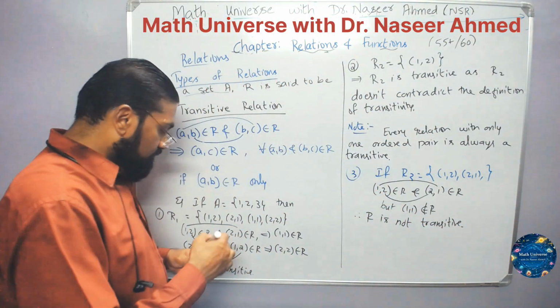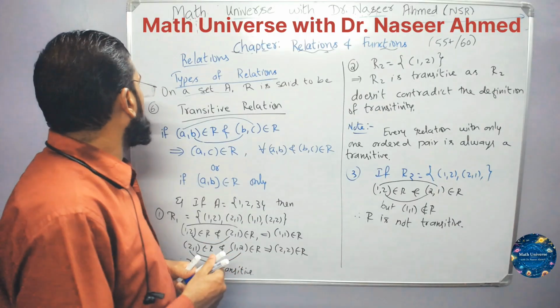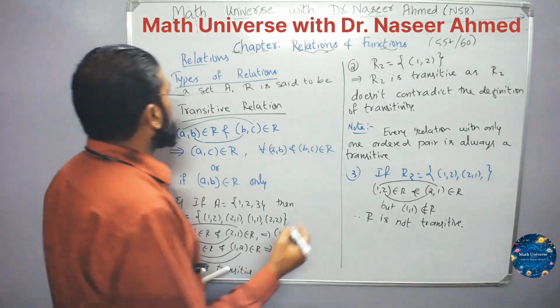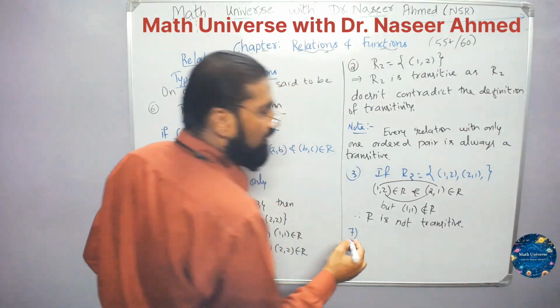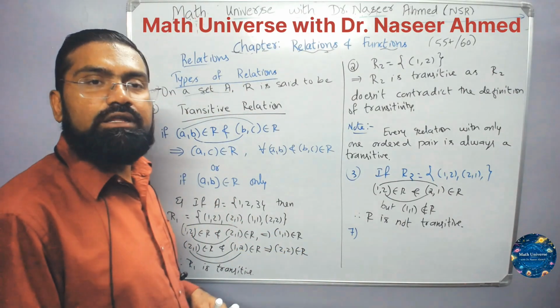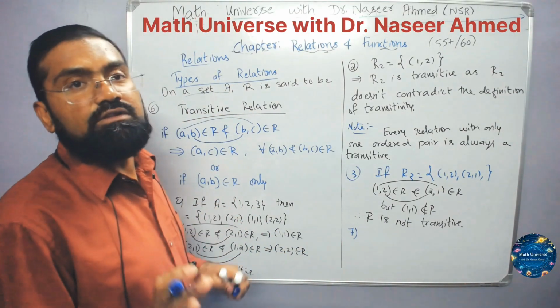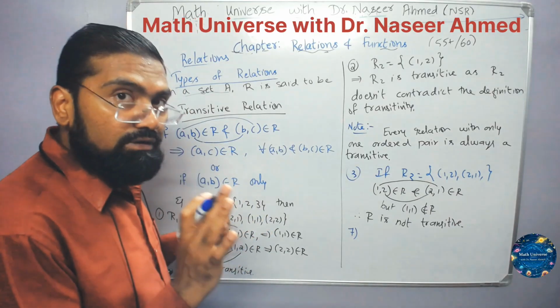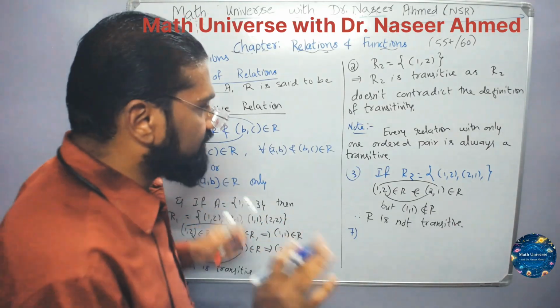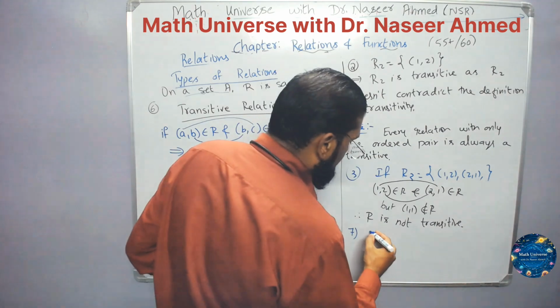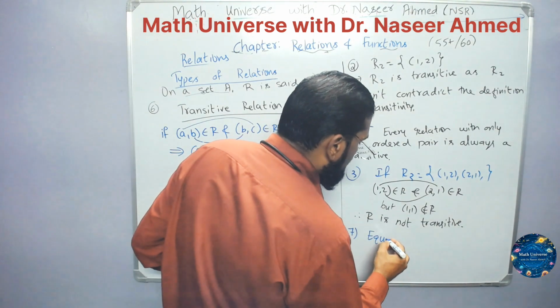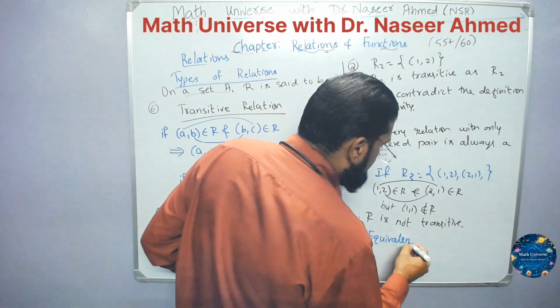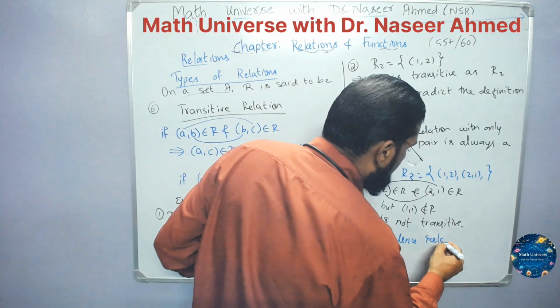Now one more relation. See, when I started, we already discussed the empty relation and universal relation. That should not be forgotten. Maybe I'm not going to 3, 4, 5, but no problem. That is also one of the types of relation. Next is equivalence relation. What is equivalence relation?